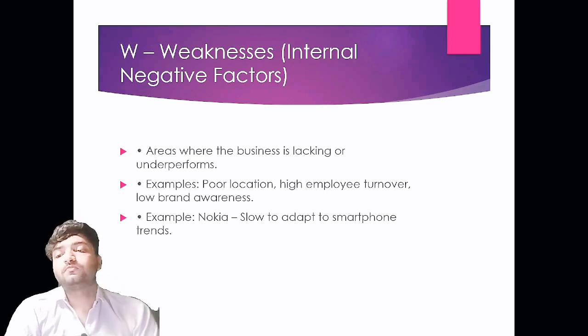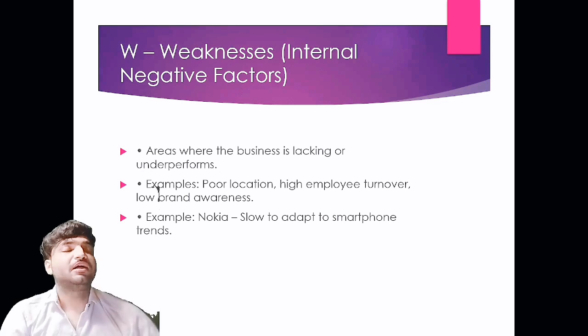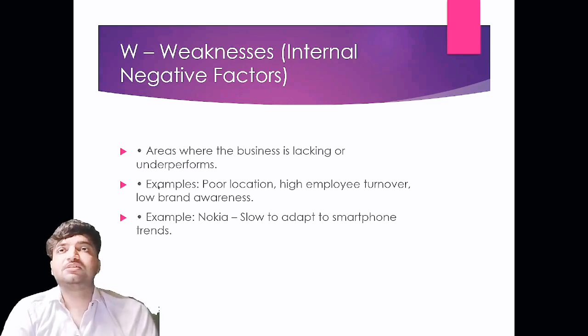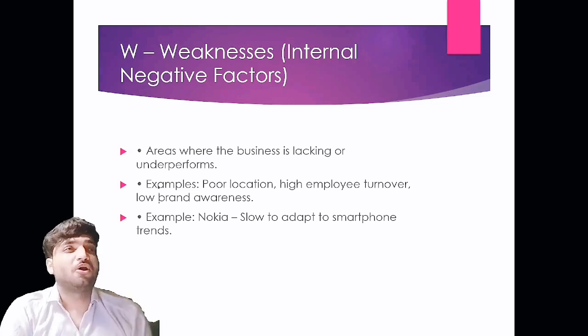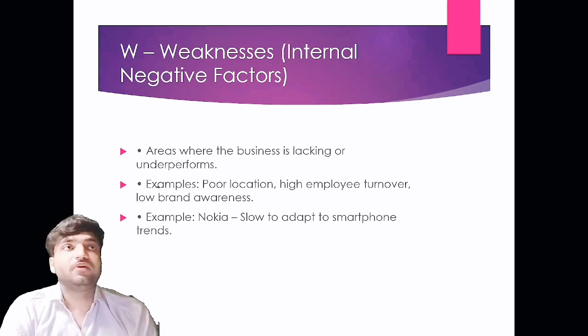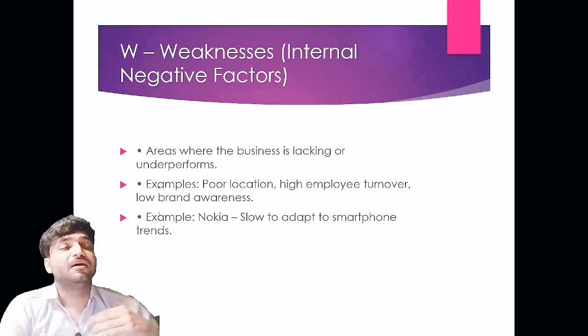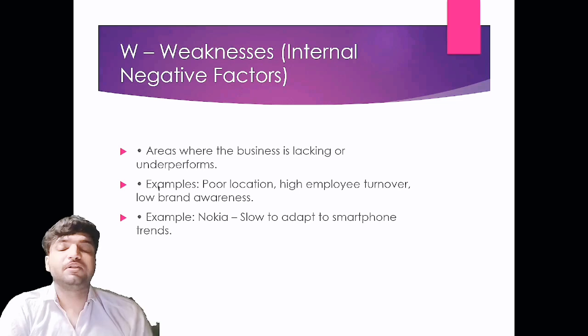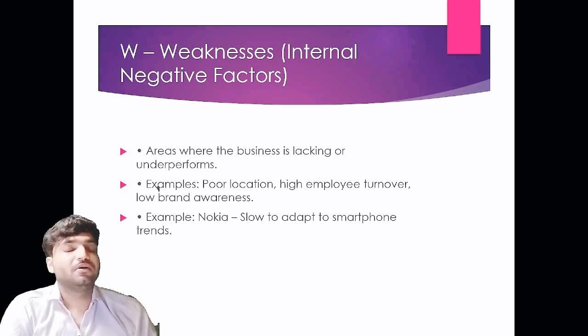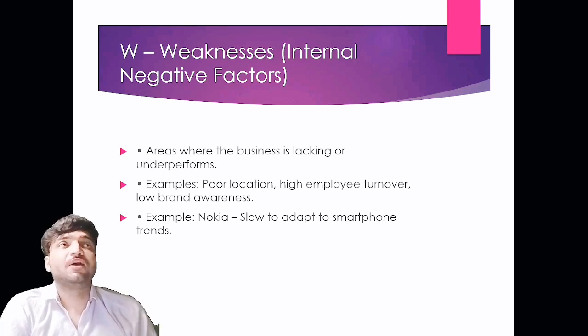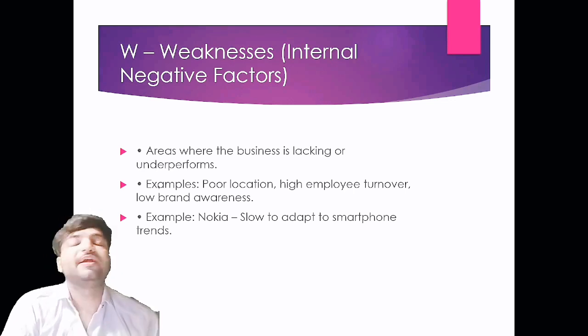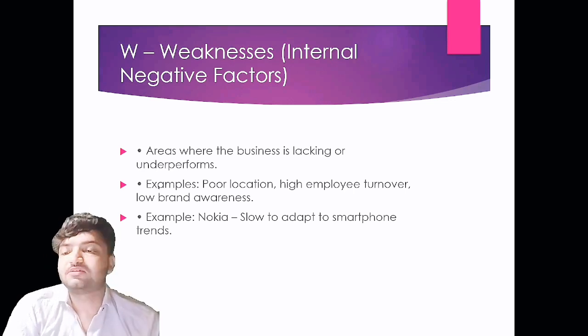So if it is very far from the railway station, or doesn't have any medium of traveling to reach there, and is in a location where there are not many people nearby, and there is no way of transportation there, it also contributes as a weakness of the organization.